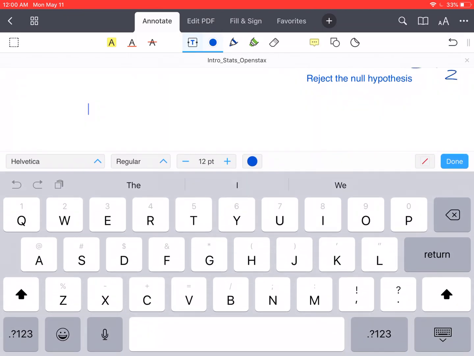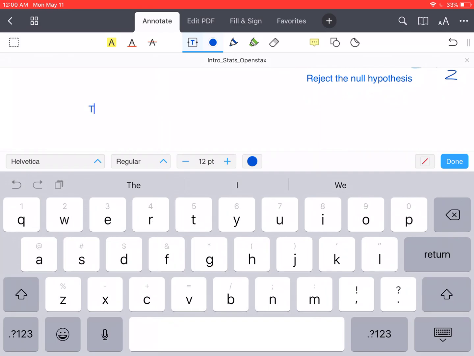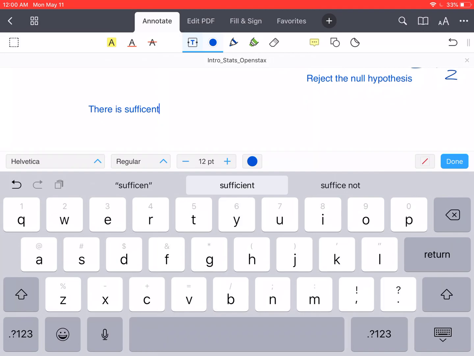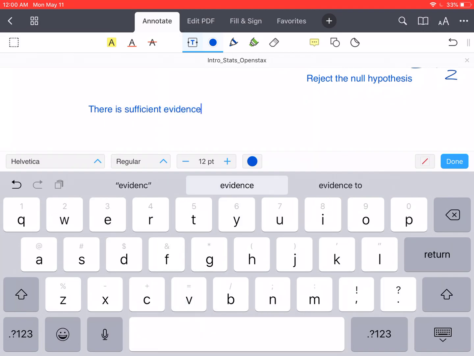So let's go ahead and state that in our appropriate wording. So we say there is sufficient evidence. Again, it's not proving it. It's not conclusive that there is a strong linear relationship, but we have enough evidence to suggest that there is.